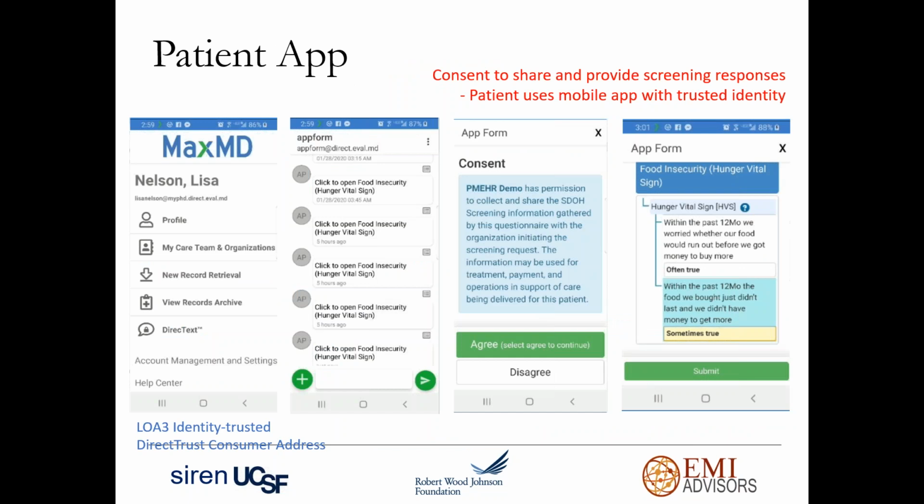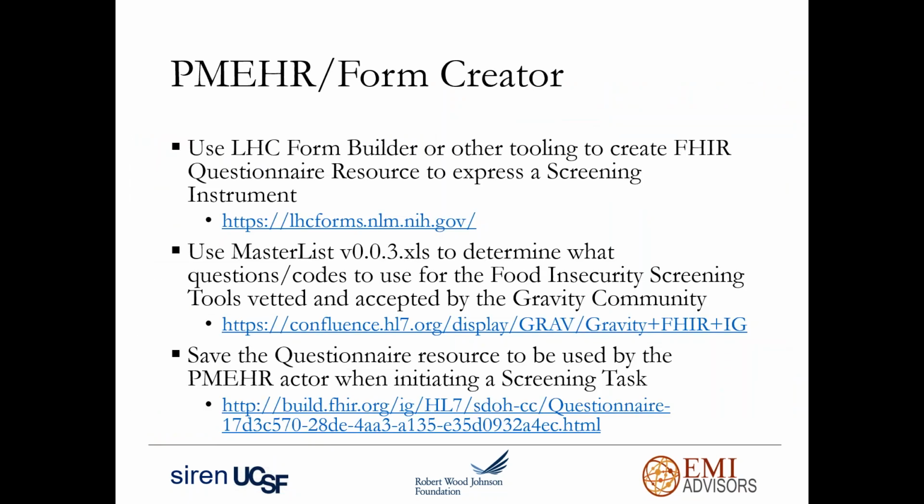You basically saw this when we talked about the first scene, and we demonstrated how the screening app could share that screening instrument through a questionnaire resource with a patient app that can expose and render the content of the questionnaire and allow the patient user to pick their answers and respond to that questionnaire. And now what I will show you is how to go about creating that questionnaire resource.